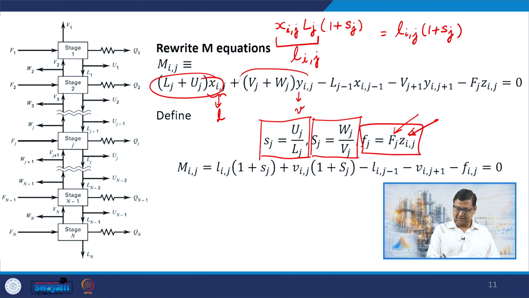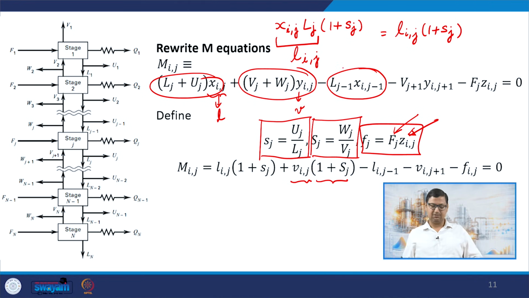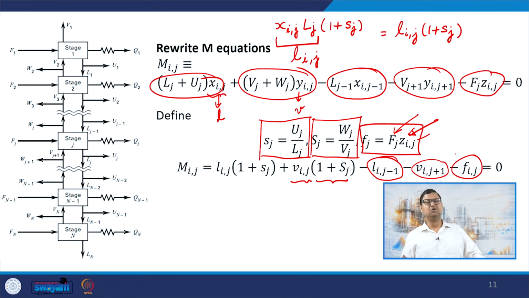Similarly, the second term is going to be Vij into 1 plus capital Sj, and here we are multiplying the total liquid molar flow rate by the mole fraction of component i. So, this becomes small l, and similarly this also becomes small v, and this, by definition of small f, becomes small Fij.